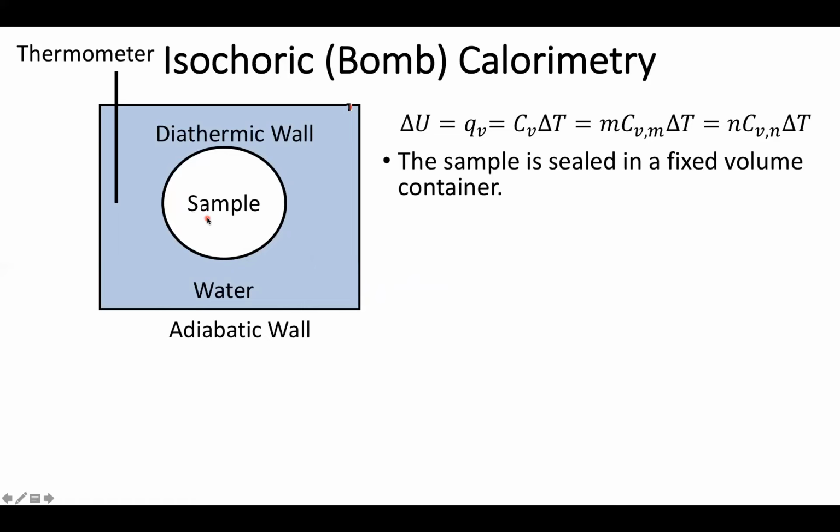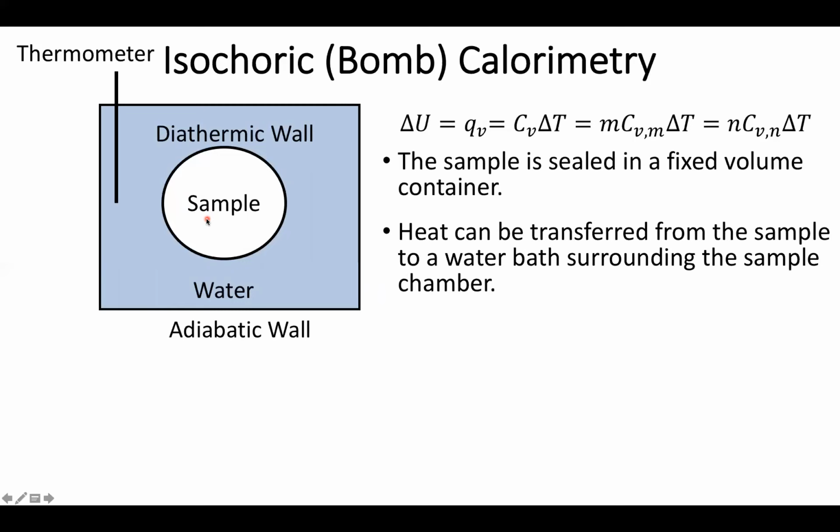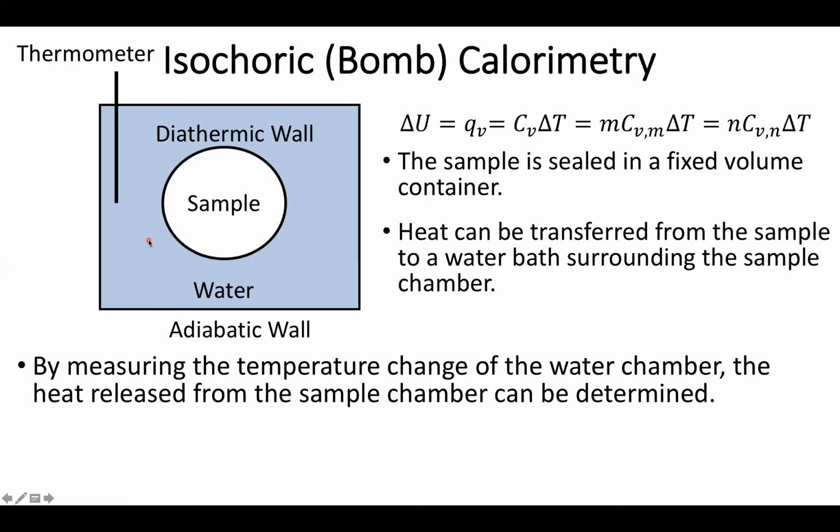And then we'll be measuring the heat transfer from our sample to the surroundings, which is typically a water bath. By measuring the temperature change of our water chamber, we can then determine any additional heat that should have come from our sample chamber.